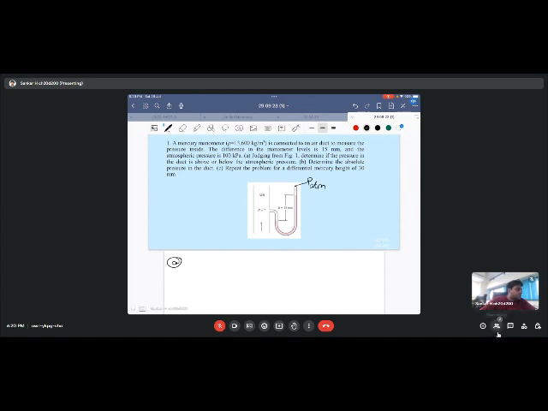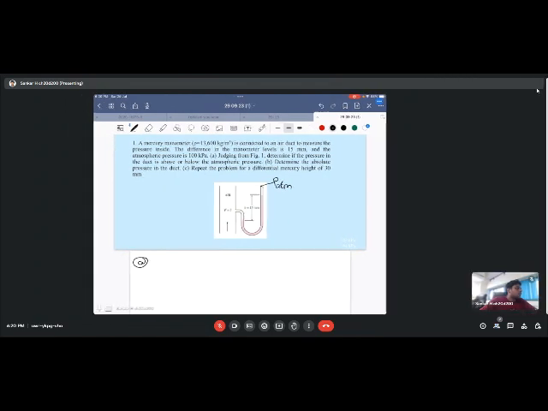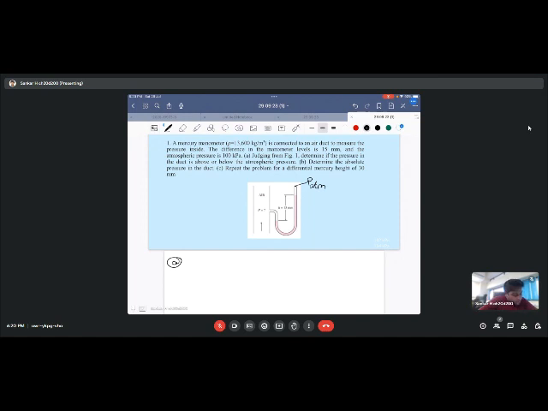The atmospheric pressure has several units. Let's write it in the standard SI units.